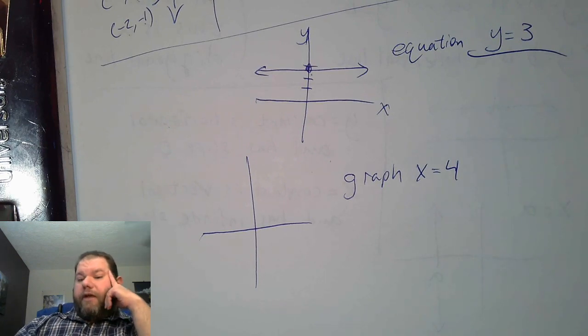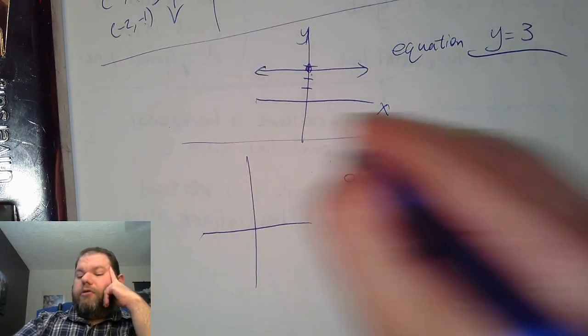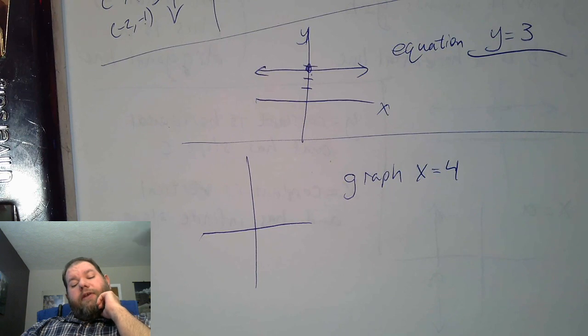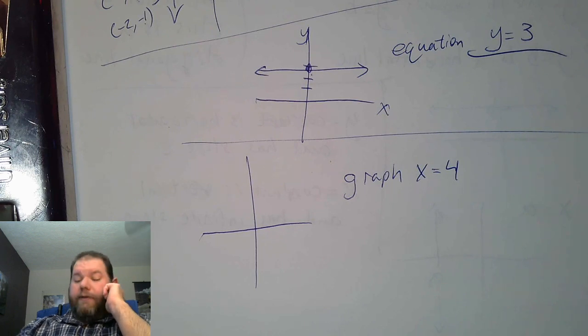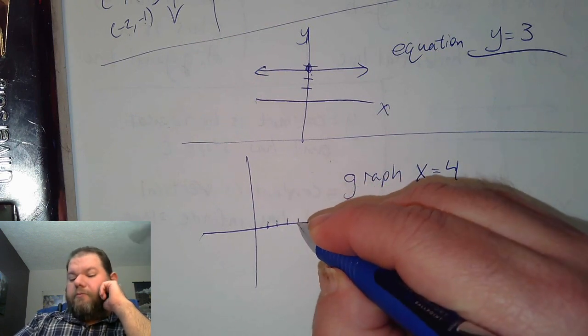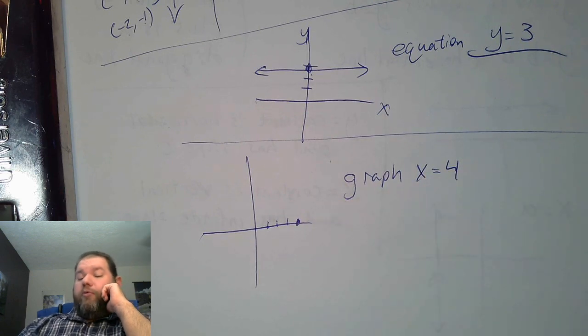And so if I asked you to graph x equals 4, would we go to 4 on the x-axis or 4 on the y-axis? X. And would we draw our graph vertically or horizontally?